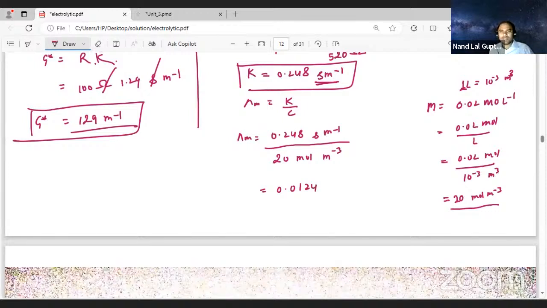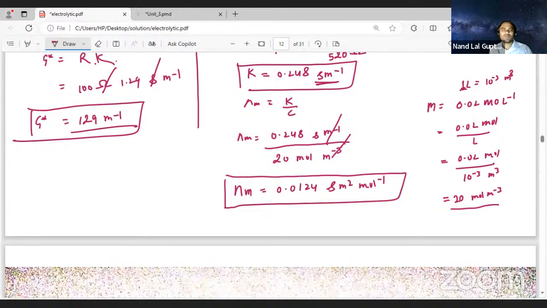And here the unit: the meter cube will cancel out and it will become meter square. So Siemens meter square mole inverse. This is lambda m.